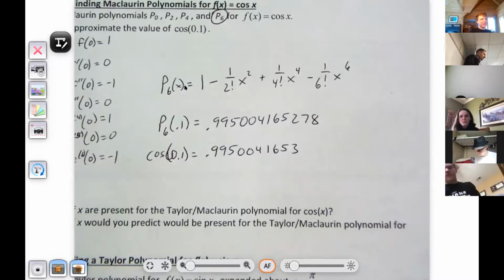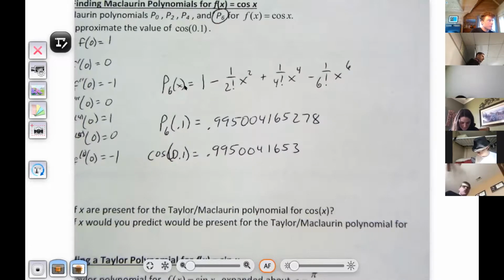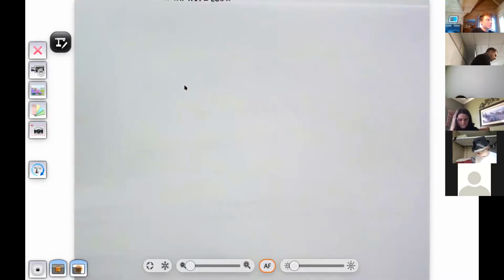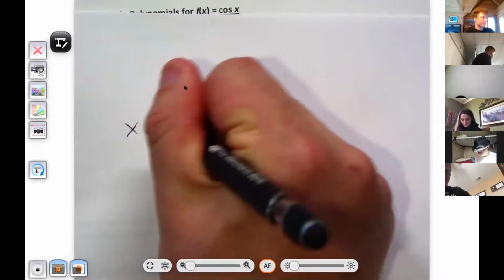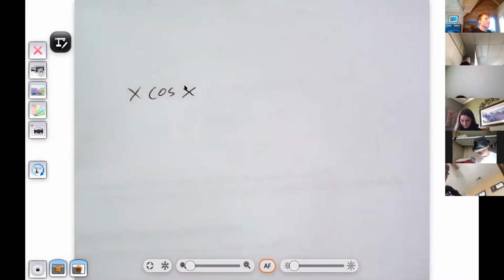We're not going to do the final two. You'll get more practice. But just to give you a glimpse ahead of time, they'll say stuff like, find the 6th polynomial for x cosine x. You're going to be doing some manipulations with these things.